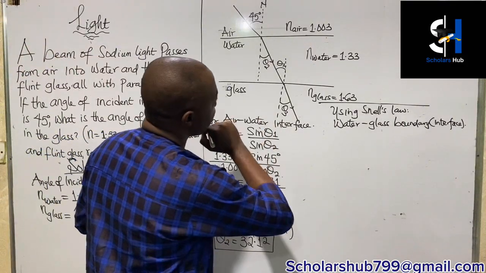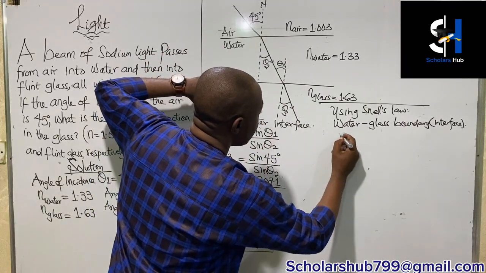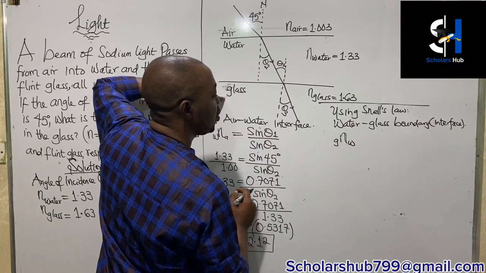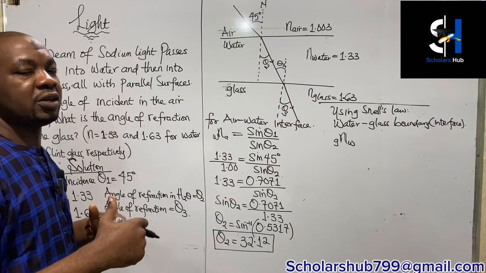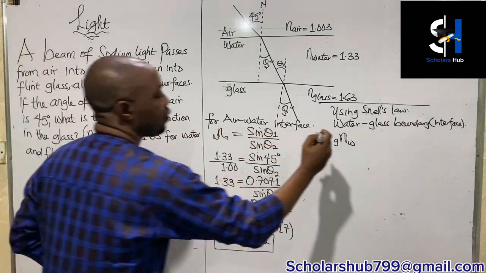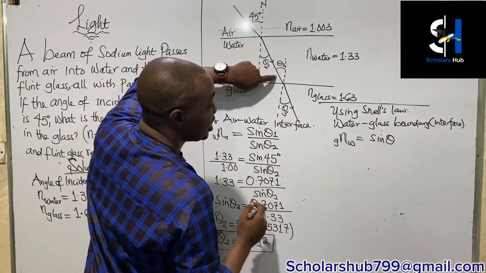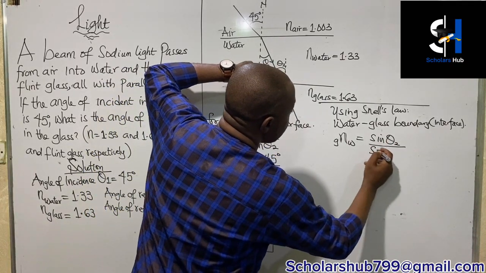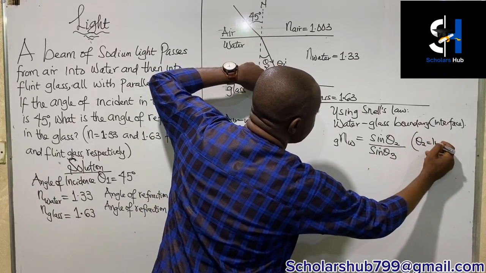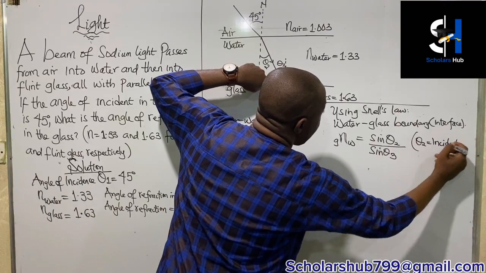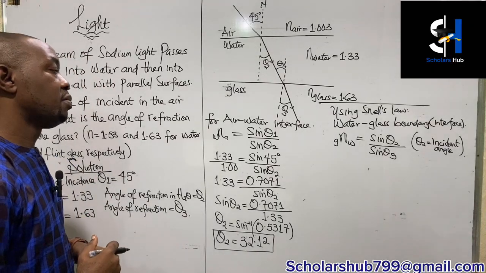Since it is water glass, it's going to be glass water. So the reciprocal of the absolute index of refraction is equal to the sine of the angle of incidence, the new angle of incidence, theta 2, over the sine of the angle of refraction. Note, theta 2 becomes the incident angle when we are considering the water glass boundary.